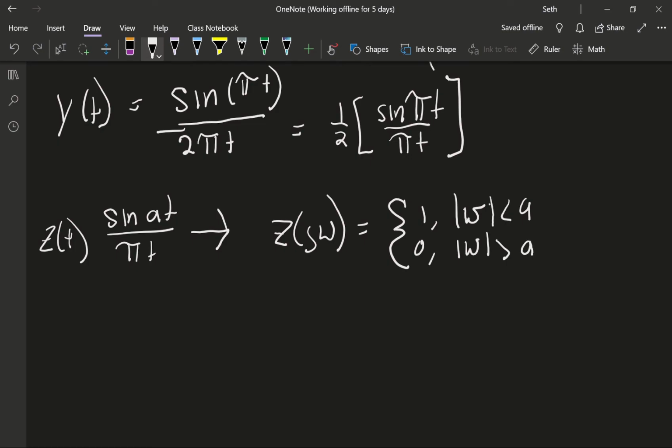So we can't forget our factor of 1/2 here, so y of t we can write as equal to 1/2 z of t, assuming that a is pi.